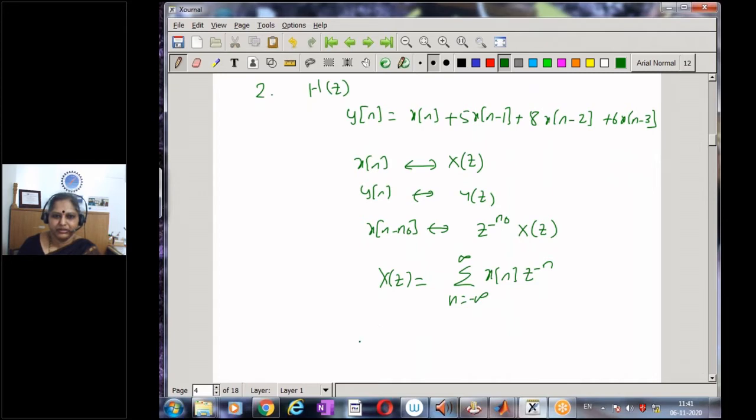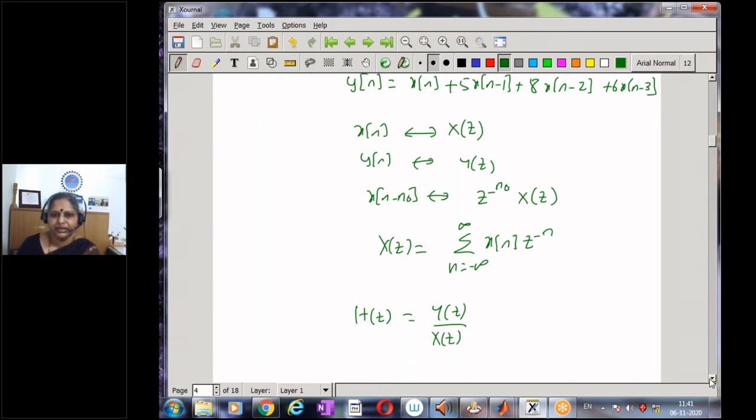Now let us try to get the transfer function of the system H of z, which is nothing but the ratio of the output z transform to the input z transform. So let us take the z transform of the difference equation. On the left hand side I have Y of z, equal to the z transform of x of n, which becomes X of z, plus 5 x of n minus 1.